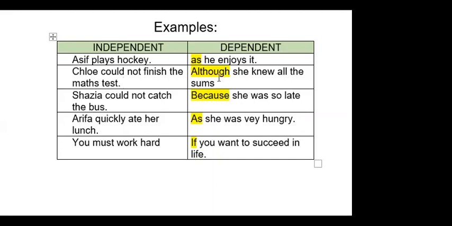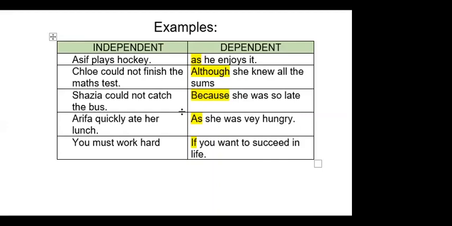Although she knew all the sums, right? In the sentence, we have the subject she and we have the verb knew, but it cannot stand on its own because we need to know the information before about Chloe in order to have the second part, right? So although she knew all the sums, that is your dependent clause.